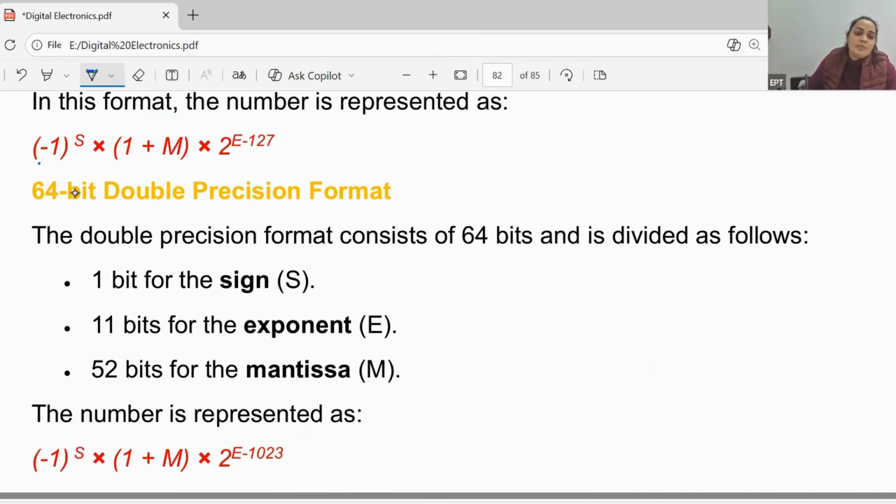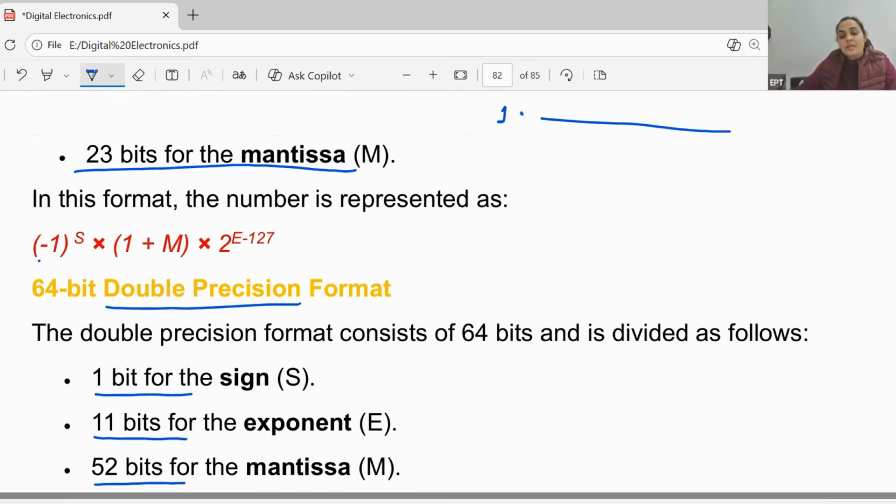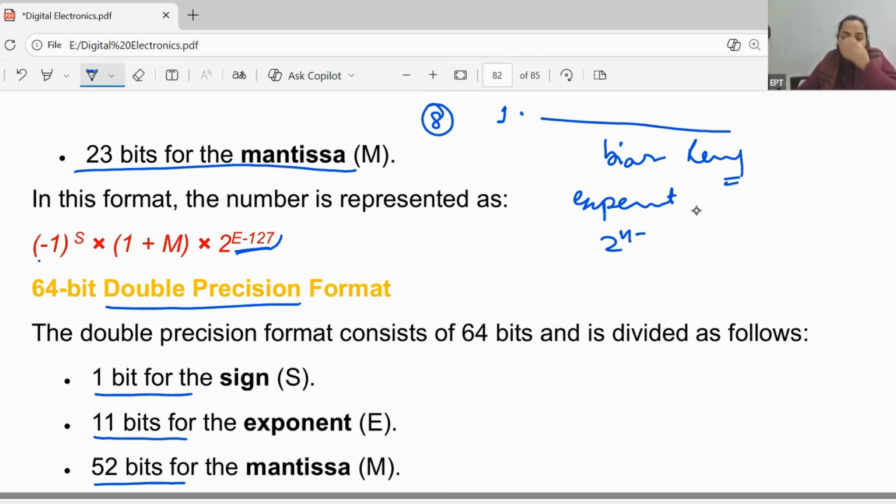In the double precision method, 1 bit for the sign, 11 bits for the exponent, and 52 bits for the mantissa. Here I will use the bias representation for the sign of the exponent. Since I am assigning 8 bits, the value of the bias is 2 raised to power n minus 1, minus 1.